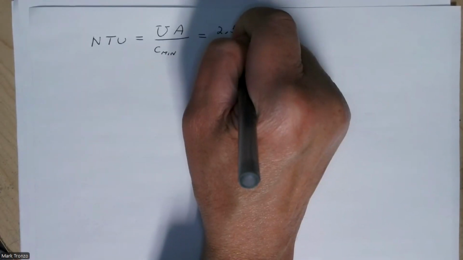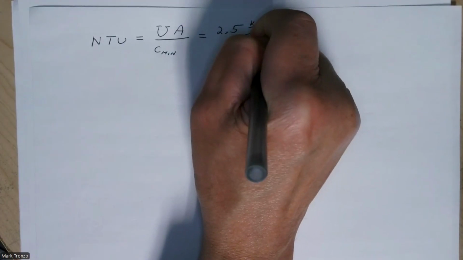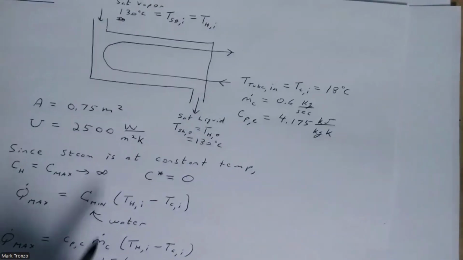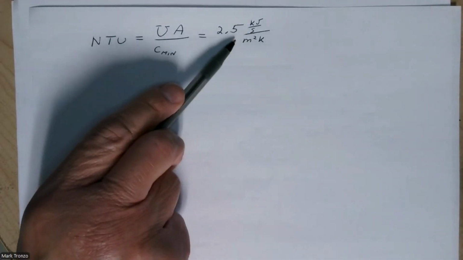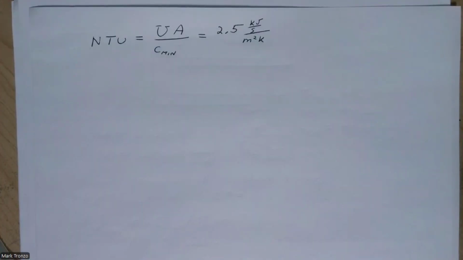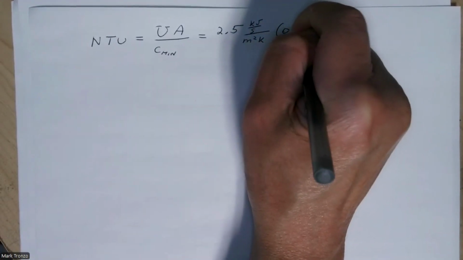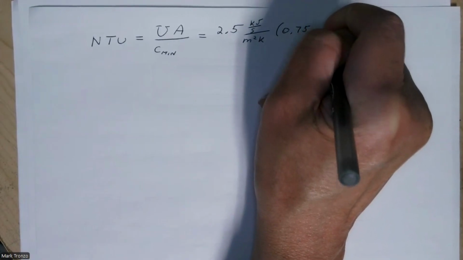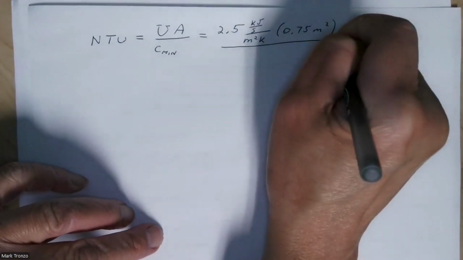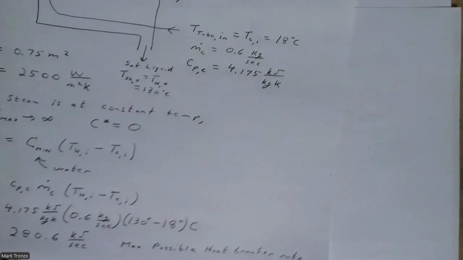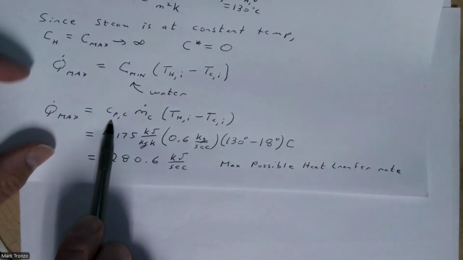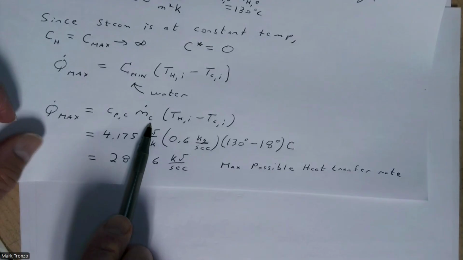So it'd be 2.5 kilowatts per meters squared K, which is the same as 2.5 kilojoules per second per meters squared K. And then our area is 0.75 meters squared. And again, we want to divide this by C min. C min is just what we had a second ago. That was the Cp times m dot cold. So it would be the same values again.